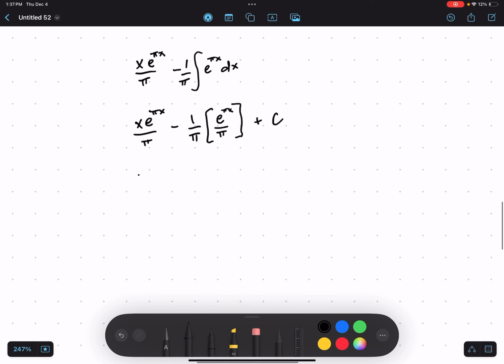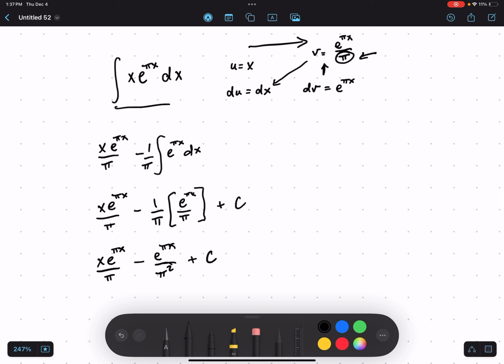So then just to solve this, we'll say x e^(pi x) over pi minus e^(pi x) over pi squared plus c. And that is the solution to this integral.